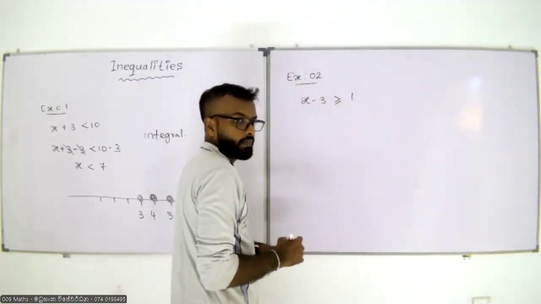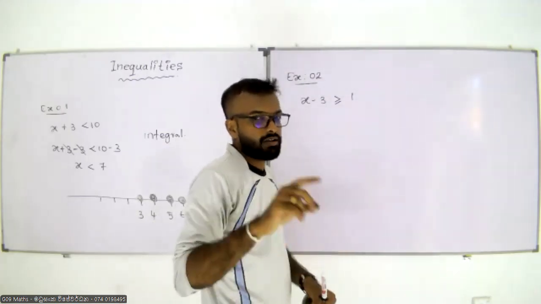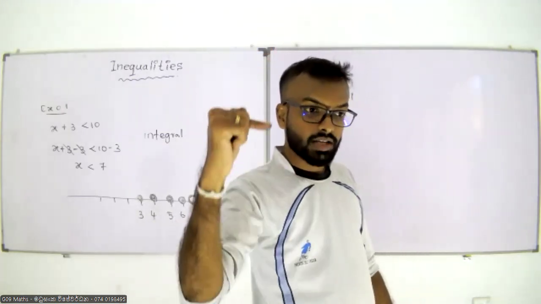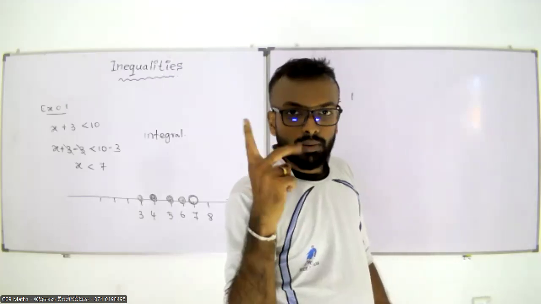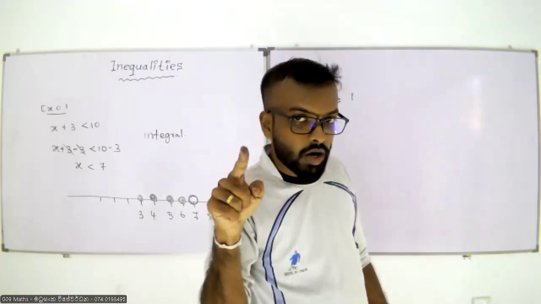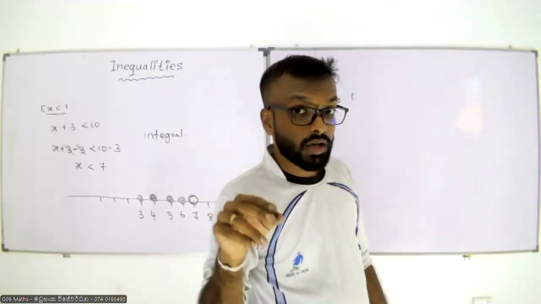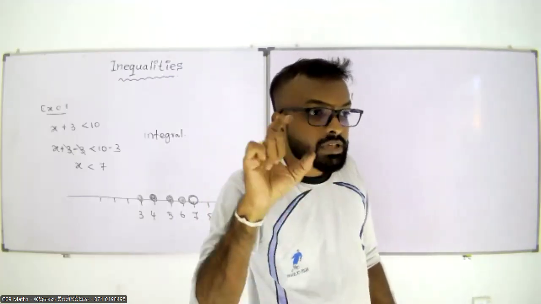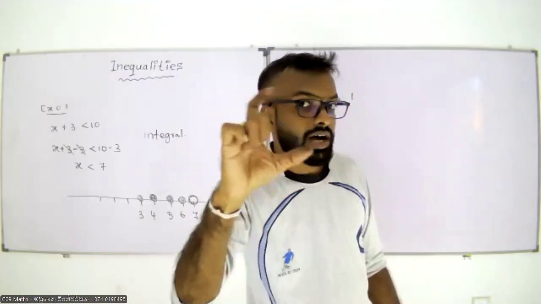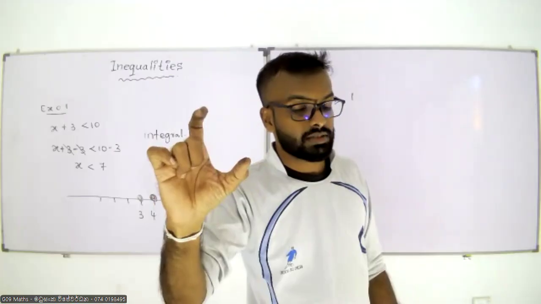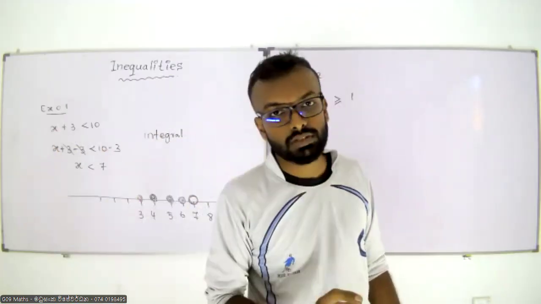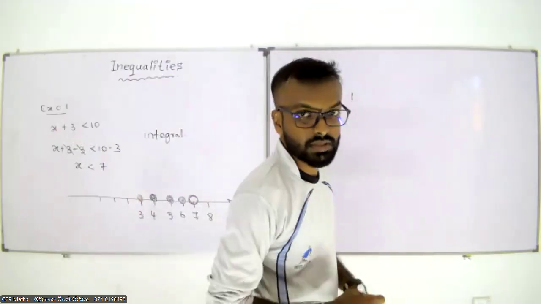Identify the difference between example number 1 and example number 2. In example number 2, they are asking to solve the inequality x minus 3 greater than or equal to 1, and represent the solution set, not the integral set but the solution set, all possible values. Keep that in your mind and do it.